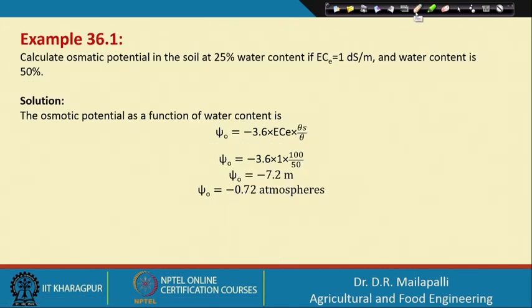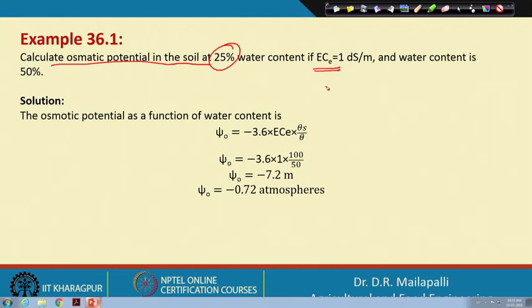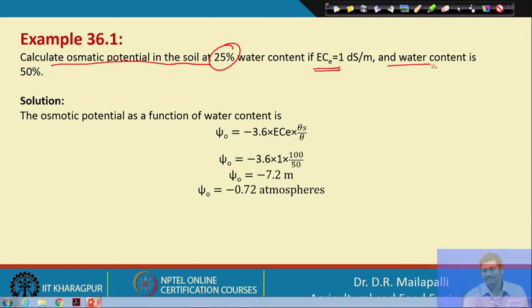So, here is a simple example: calculate the osmotic potential in the soil at 25% water content, where ECe, the soil extracted electrical conductivity, is 1 dS per m, and the saturated water content is 50%. So here we can plug this in easily.